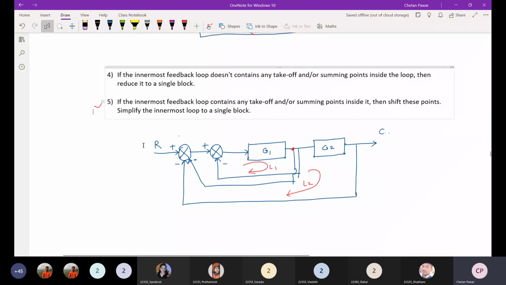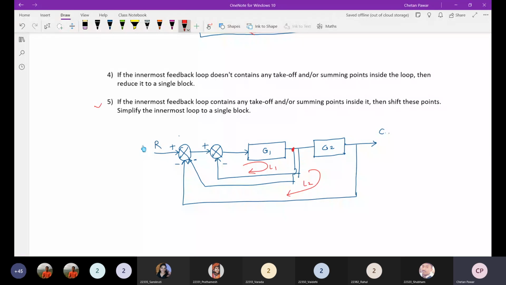Means what they are saying: if any point is inside it, for example if a takeoff point is here, inside the single loop or innermost loop, you need to move that takeoff point to the right hand side, or out of that innermost loop, so that you can reduce that particular innermost loop to a single block.